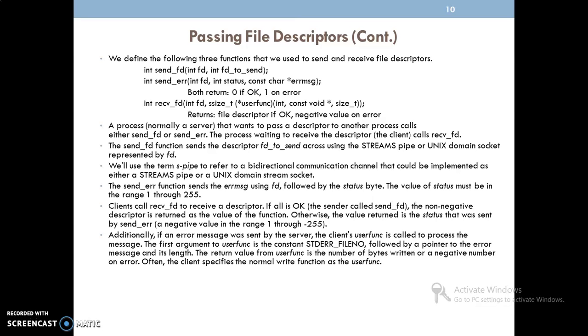Next, passing file descriptors. We use different functions to perform this. First, send_fd and send_err. If we want to pass a descriptor to another process, it can call either send_fd or send_err. If it is successful, the send_fd function is executed.